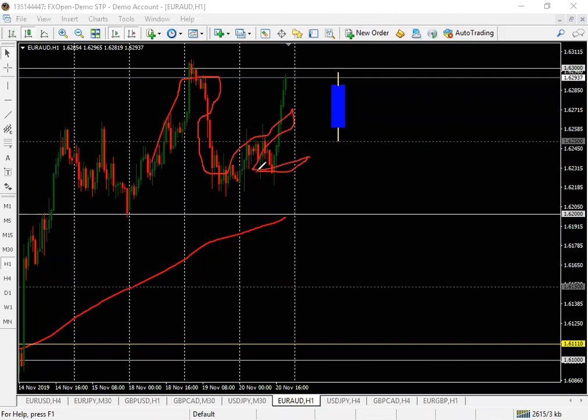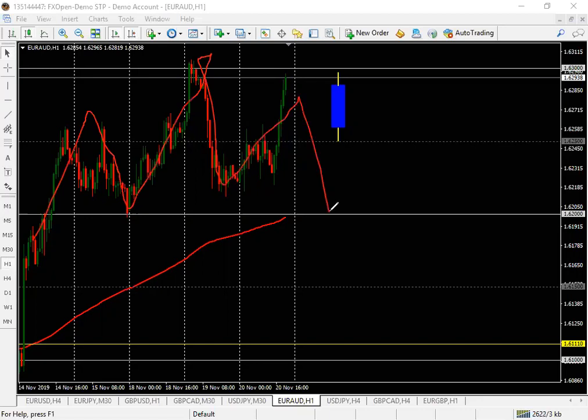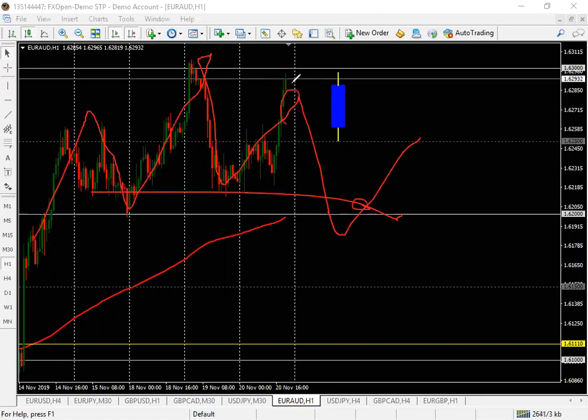Okay, the head and shoulder is one of the most commonly used ones, right? So there's the left shoulder, and then there's the head, and then there's the right shoulder. And if the market comes in and breaks below, then you actually sell. I think you sell at the break of this shoulder, or some people choose to sell on the shoulder itself. Oh, this is the neckline.